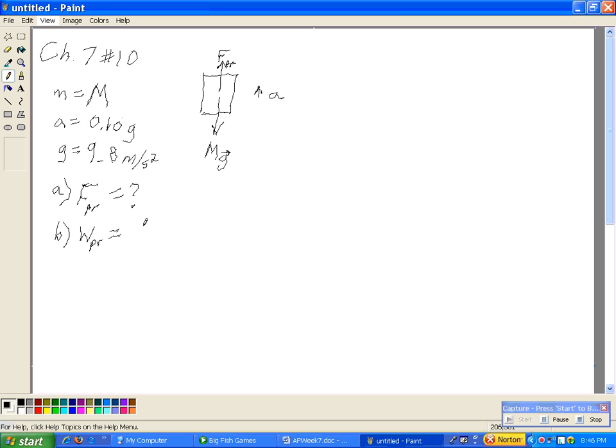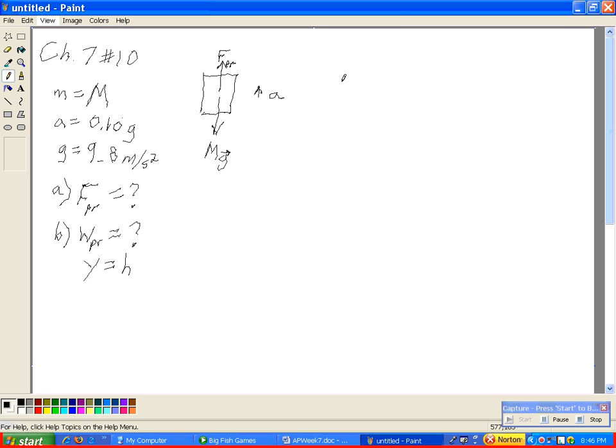That's assuming that the distance it travels is h. They say, what's the work of the propeller done on the helicopter if the distance it travels is h? Okay, so that's what they give us.